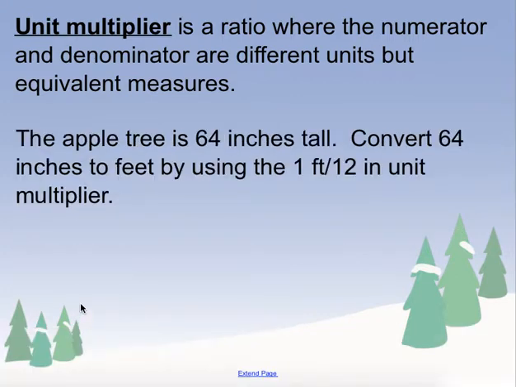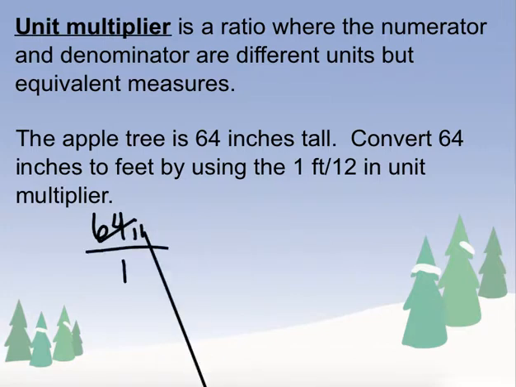Here's an example. We want to use a unit multiplier to convert this tree's height into feet. If we have 64 inches and I want it in feet, I'm first going to put it into a fraction, 64 inches over 1.